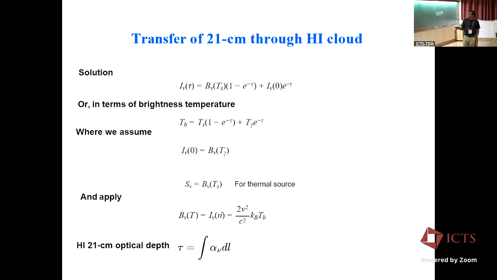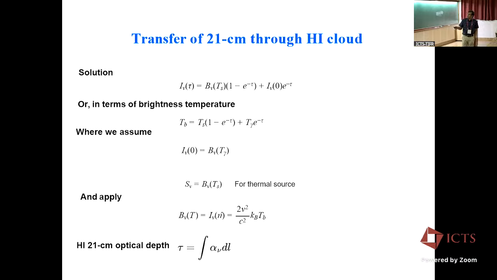You see this B nu T_S term appears here, and that is the brightness due to the H1 cloud. The H1 cloud is adding some 21 centimeter photons. So B nu T_S is the corresponding brightness, and tau is the absorption, alpha nu dl.